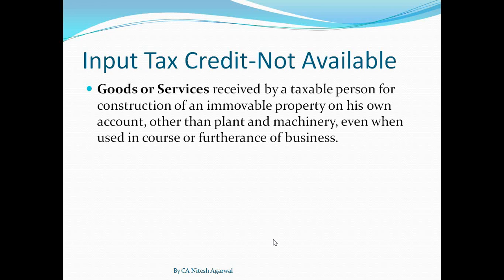A works contractor is not eligible to take the input tax credit of the goods or services received by him. Goods or services received by a taxable person, here the works contractor, for construction of immovable property on his own account, other than plant and machinery, even when used in the course or furtherance of business, even then he will not be allowed to take the input tax credit.